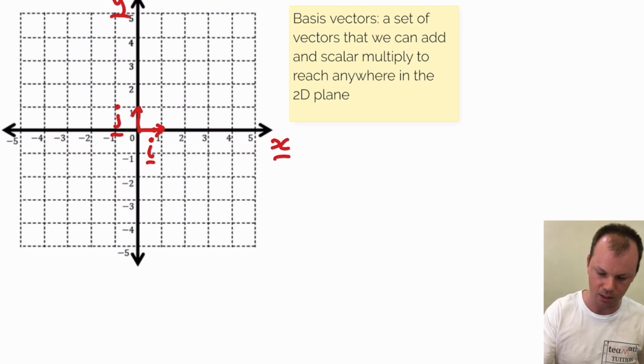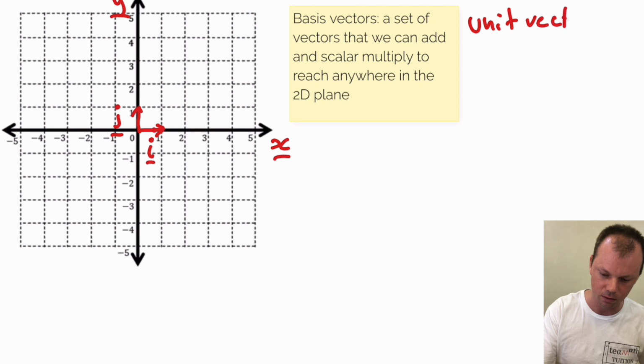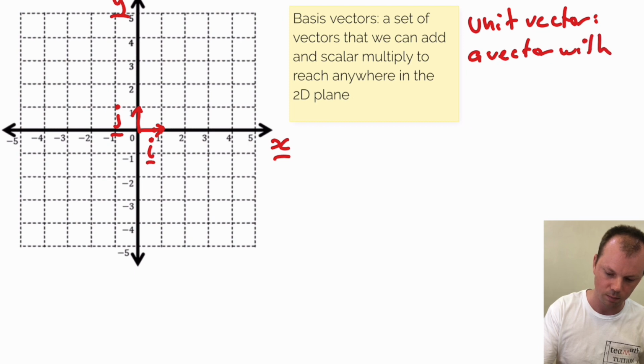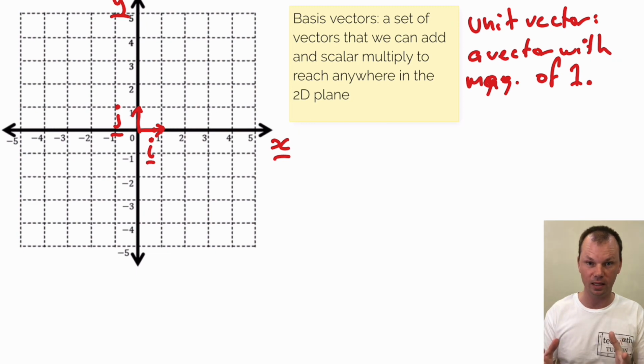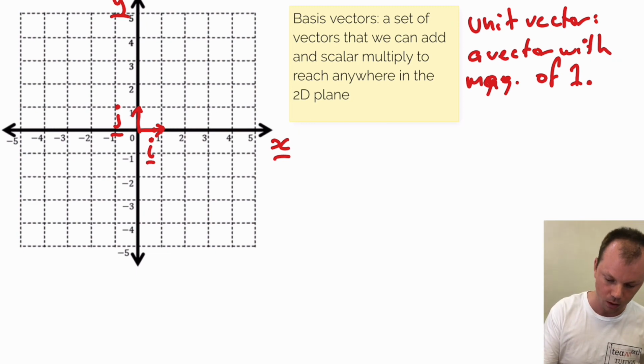And I'll introduce you to this term now. Unit vector. This is a vector with a magnitude of 1. Now, as you'll see later, with unit vectors we have a slightly different way that we show them.